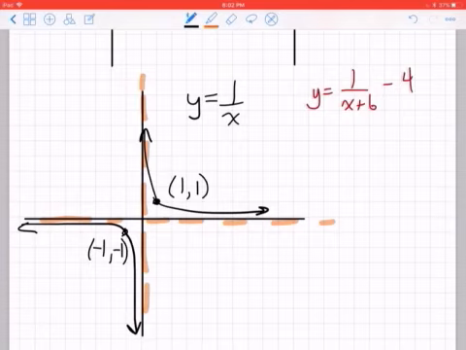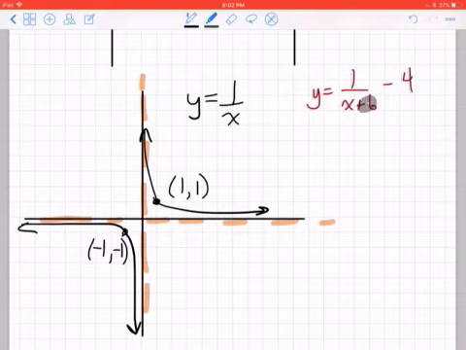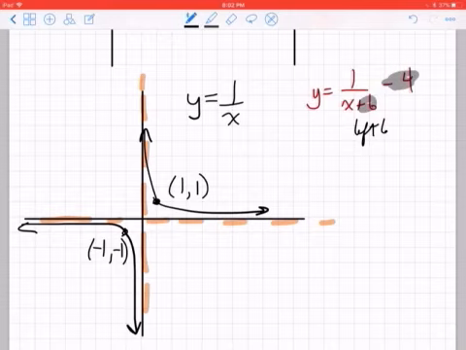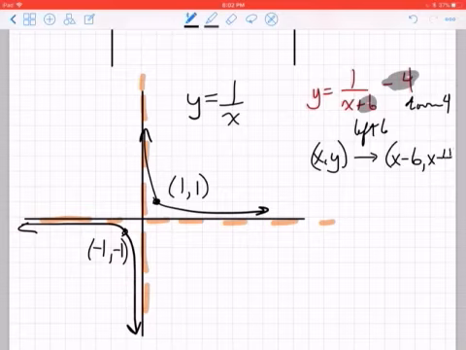First we need to know what these values do. What does the positive 6 do? What does the -4 do? The positive 6 moves it left 6, the -4 moves it down 4. So we're basically saying that any point (x, y) is going to map to (x - 6, y - 4).